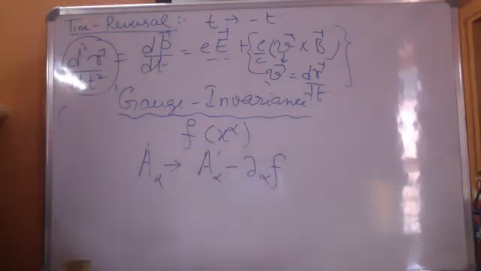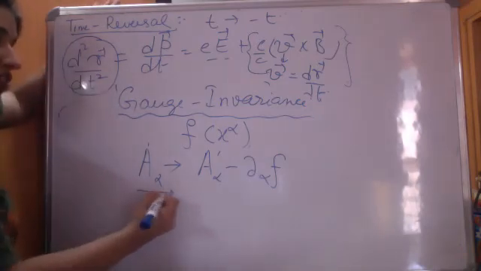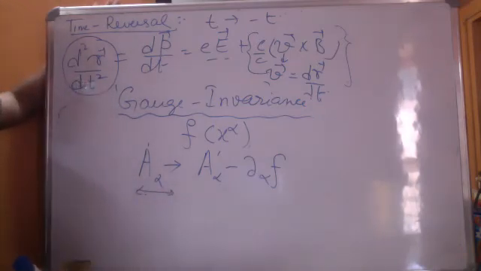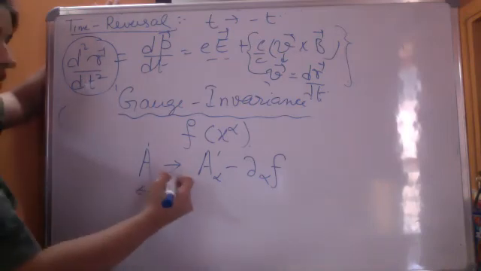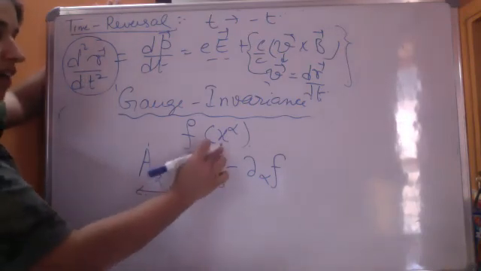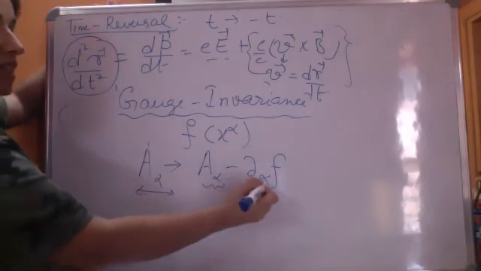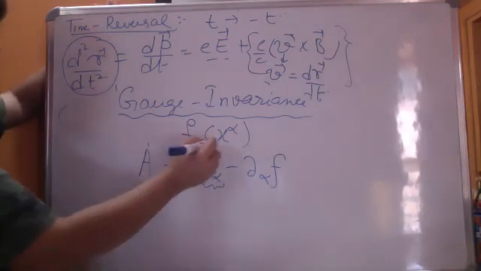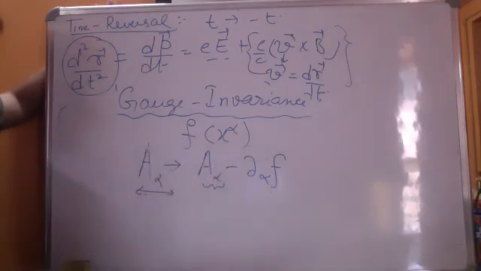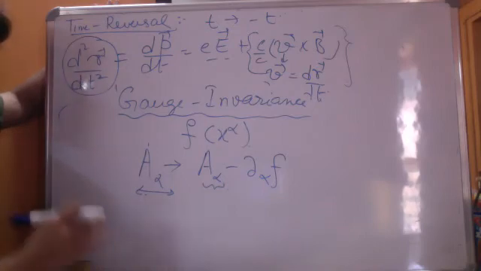In other words, if I make a change in this four vector, that is my original A alpha, I change it to A alpha minus the covariant derivative of this function f, my equations of motion do not change, or my physics doesn't change. Right?